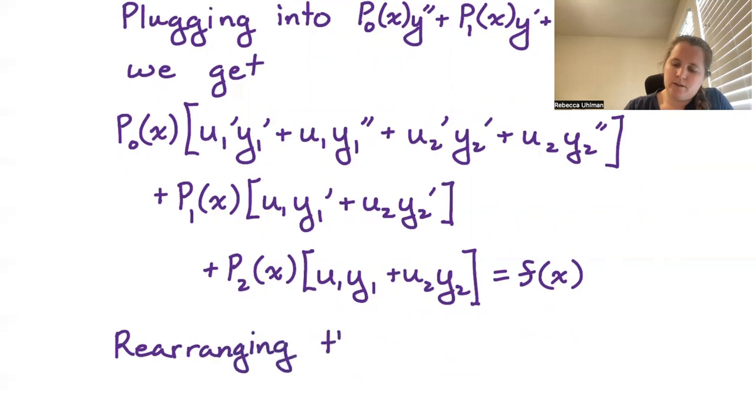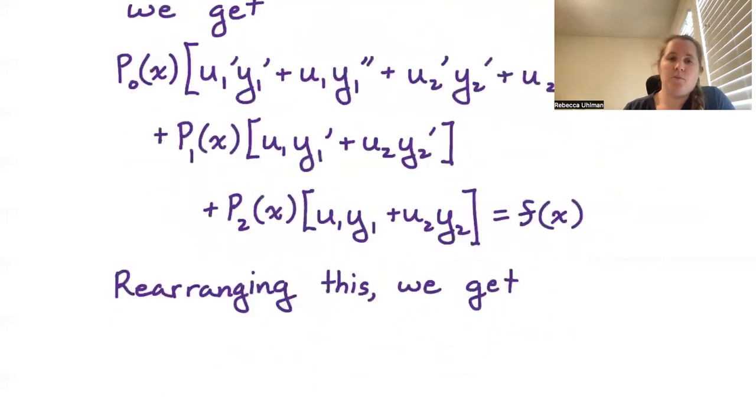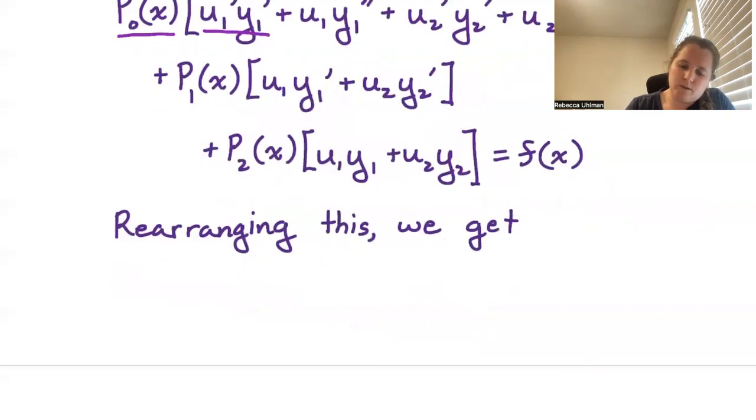So rearranging this, we only have P0 of x times y1 prime times u1 prime as our u1 prime term.